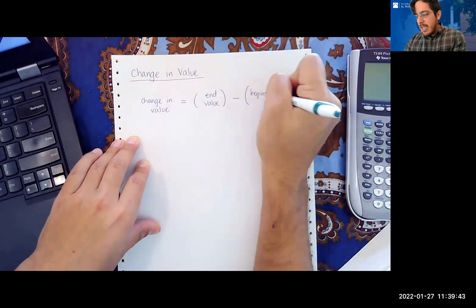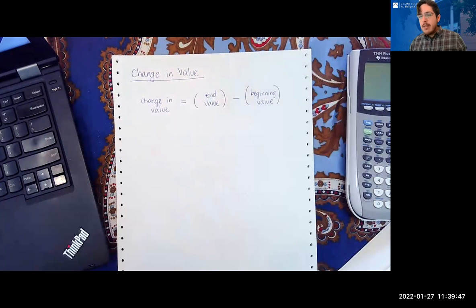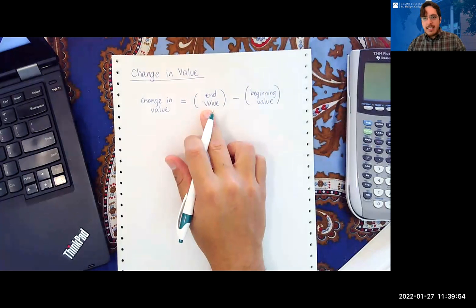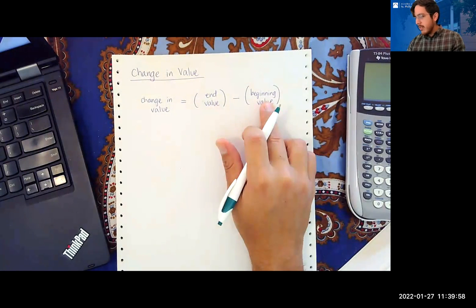So this should be related to how we first started our discussion of subtraction today, right? The first number that's listed in subtraction is that end point or the end value. The second number that's listed in that subtraction problem is the beginning value or the start point, okay?